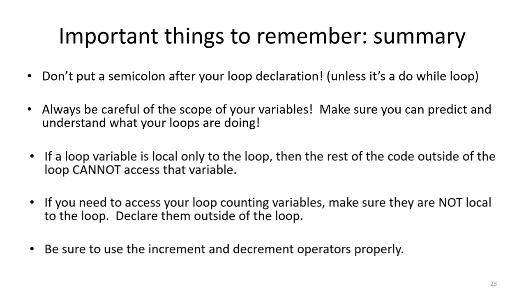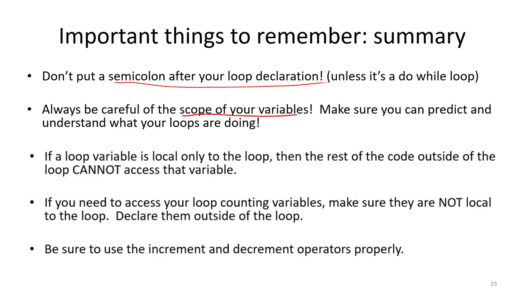So let's go ahead and summarize the common mistakes that we learned. First, be careful of semicolons. Remember, you do not put a semicolon right after the parentheses of your loop unless it's a do-while loop. Next point, always be careful of the scope of your variables.